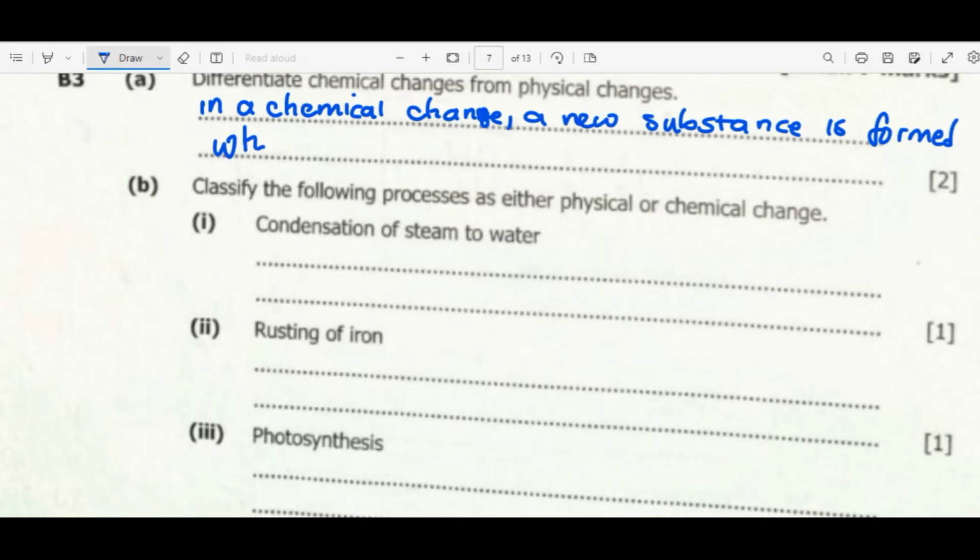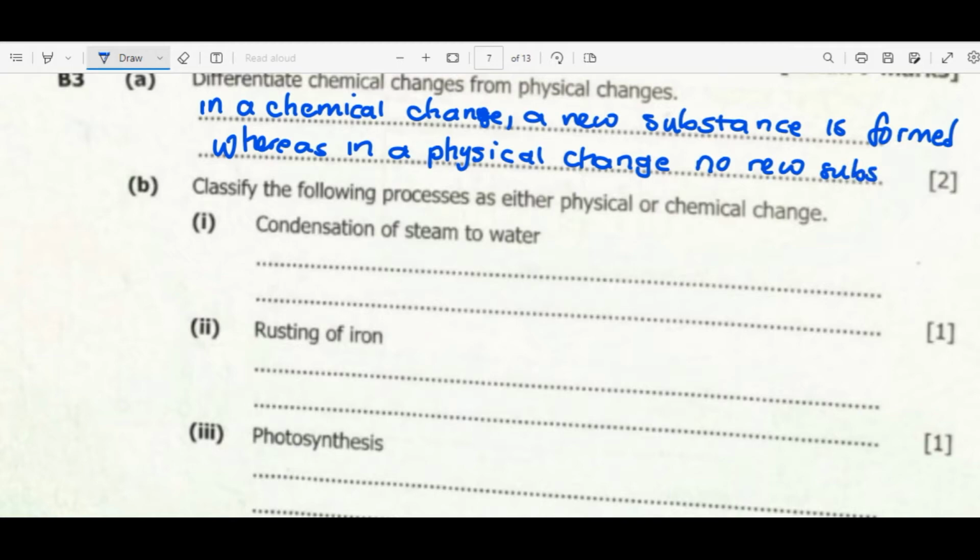Whereas in a physical change, no new substance is formed.